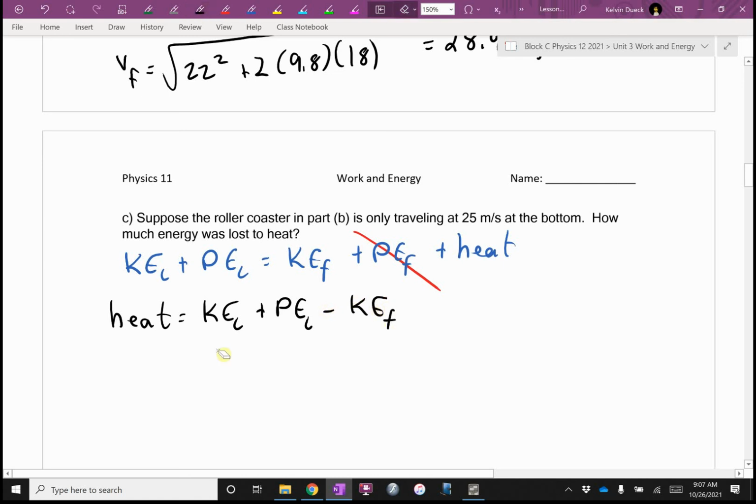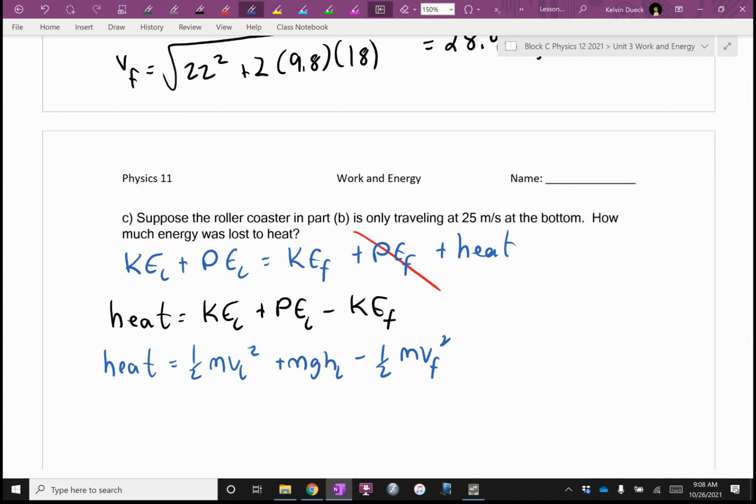What we're really saying is, here's all the energy. You lost some to kinetic, but not all of it. The rest of it must have gone into heat. We're going to get heat equals a half mv initial squared plus mg h initial minus a half mv final squared. Ooh.